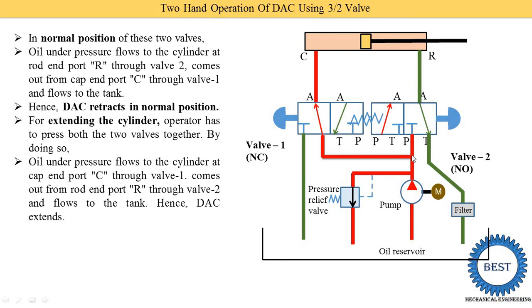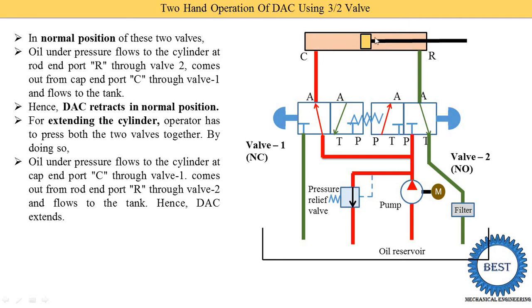Oil has two options, going to the P port of both valves. On valve 2, you see the P port is closed, so oil is not supplied to valve 2. Then the oil is supplied to the P port of valve 1. From the P port of valve 1 it is supplied to the A port. From this A port it is supplied to the cap end side, and this oil applies force on the piston, and the piston starts to move left to right. It is called the extension.